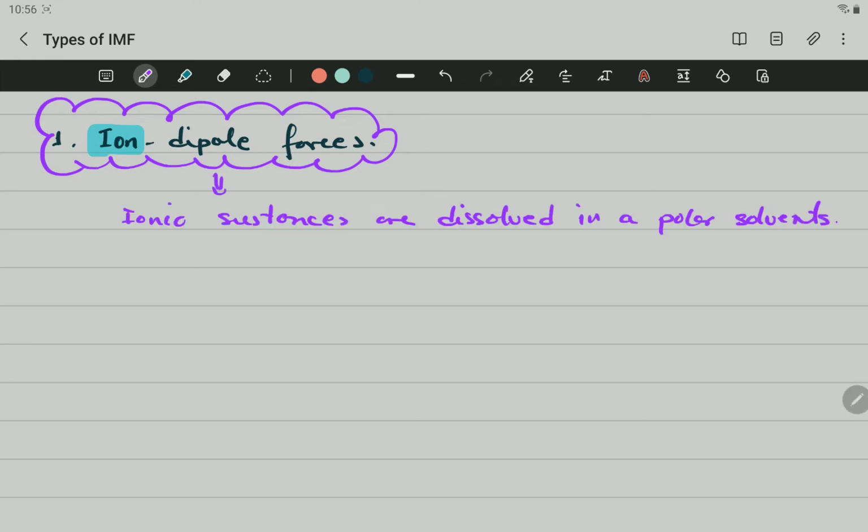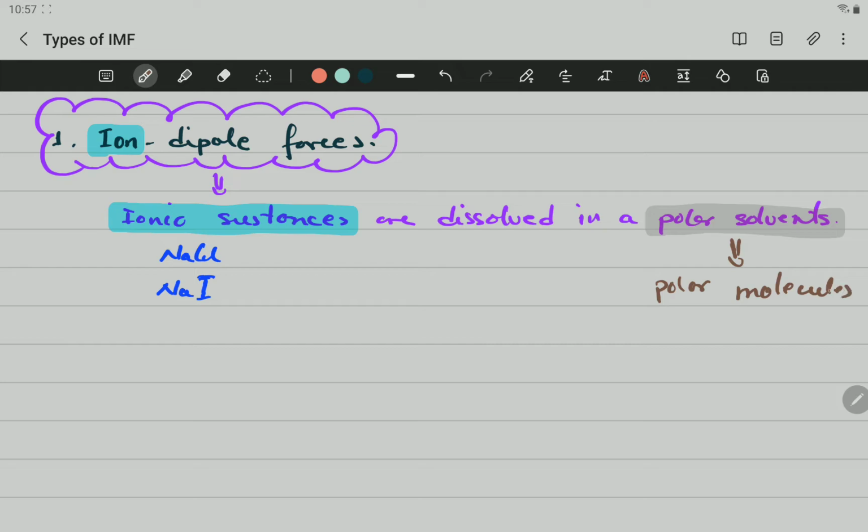Ionic substances, remember, come from ionic bonding, for example sodium chloride, sodium iodide, etc. I'm not going to give you all of the ionic substances, but if these are dissolved in a polar solvent, the polar solvent refers to polar molecules.